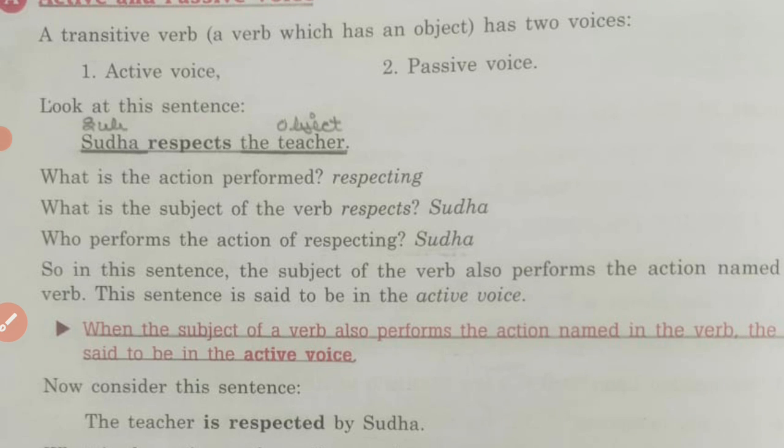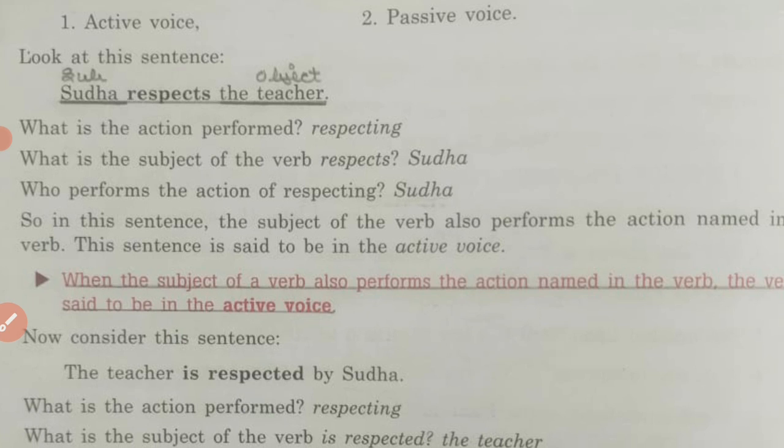Let us take a look at this example. Sudha respects the teacher. So, respects is a transitive verb because it needs an object to complete its meaning. Sudha is the subject, the teacher is the object.